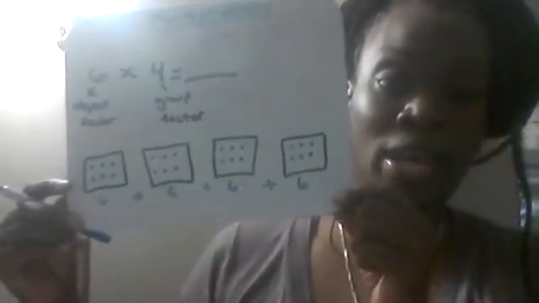All right. So what this actually is, I'm saying 6 plus 6 plus 6 plus 6. Okay? So again, I'm adding 6 plus 6 plus 6 plus 6 to get my final answer.